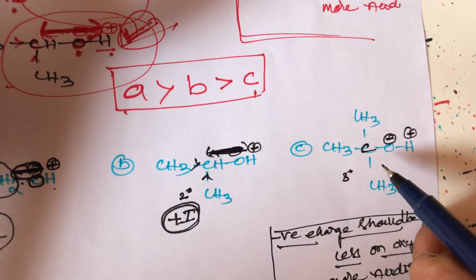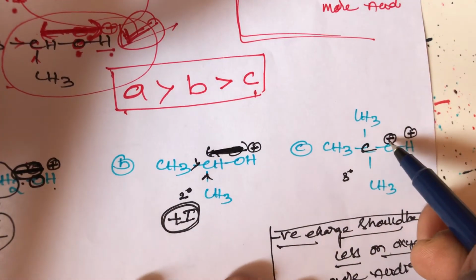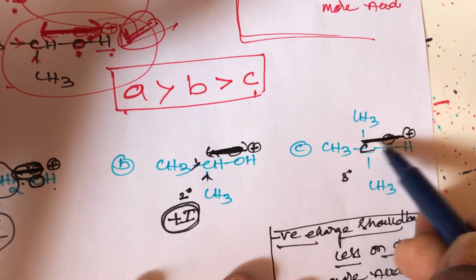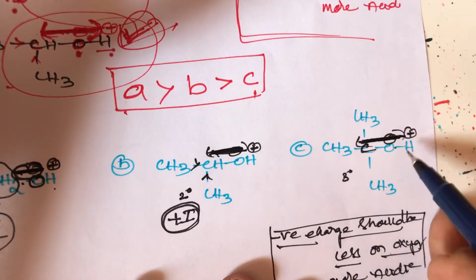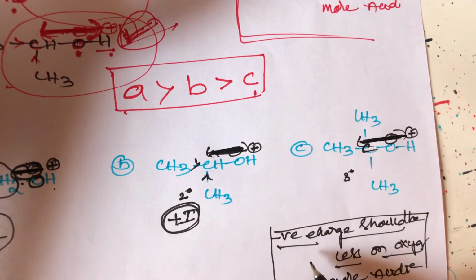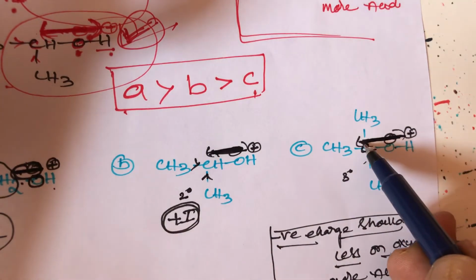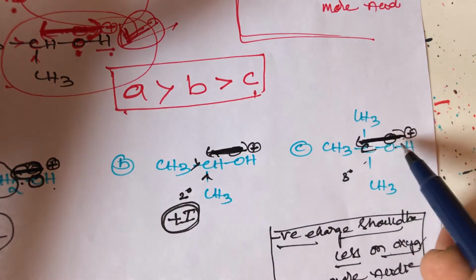So that's why more negative charge builds up on oxygen. Once again, student, observe this: more negative charge on oxygen. So what is the concept here? Negative charge should be less on oxygen, and that compound is always more acidic in nature. Here in the C compound, more density is present on oxygen.